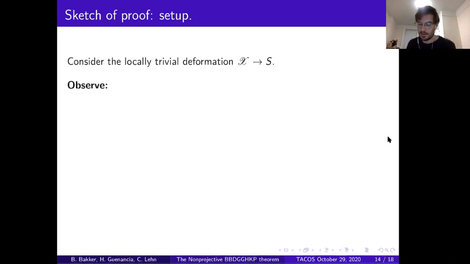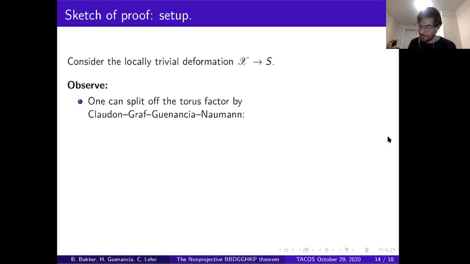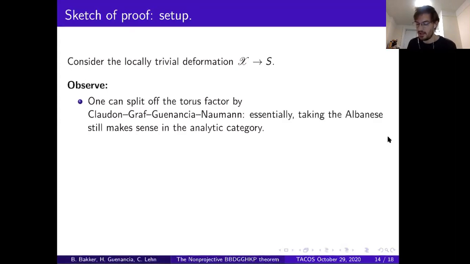So first, it's a fact that by work of Claudon, Graf, Guénancy, and Naumann, we can split off what will be the torus factor in the Beauville-Bogomolov decomposition. This requires some argument, but essentially the point is, where does this torus come from? Well, we can take the Albanese in the analytic category, and so we can at least produce a torus that should be the torus factor of the Beauville-Bogomolov splitting.